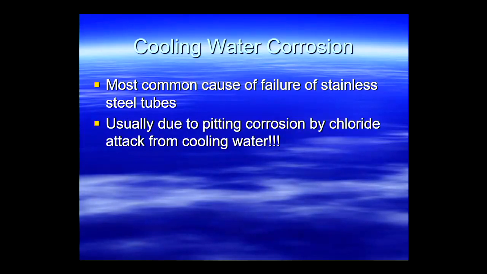Now the problem is, because it's going through a cooling tower and using evaporative cooling, some of the water actually gets evaporated, and so you have to make up extra water. So you're constantly putting more water into the cooling tower. And the water that goes into the cooling tower is just straight out of the tap. The stuff straight out of the tap has always got a small percentage of chloride in it.